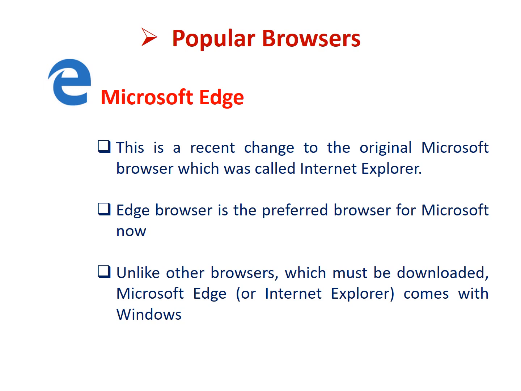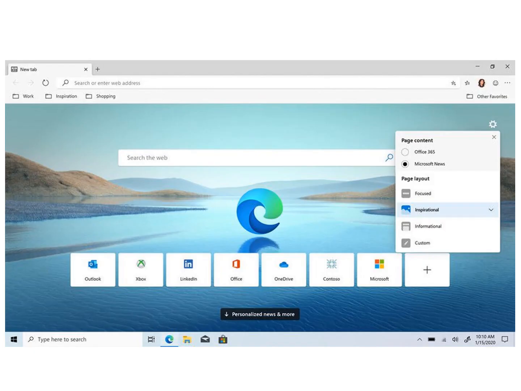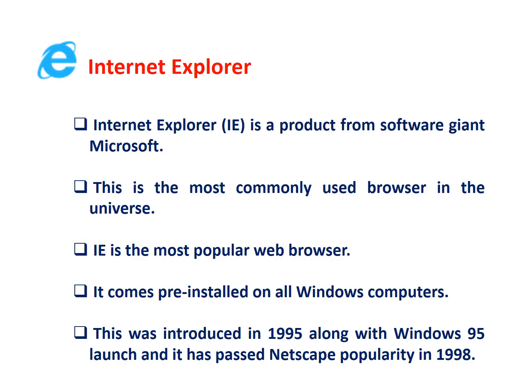Unlike other browsers, which we usually need to download, this Microsoft Edge browser comes inbuilt with Windows. This is how the homepage of Microsoft Edge looks like. It's quite different from the old Microsoft Internet Explorer.